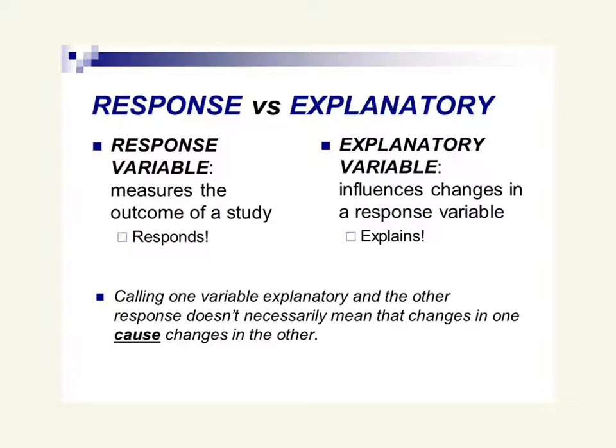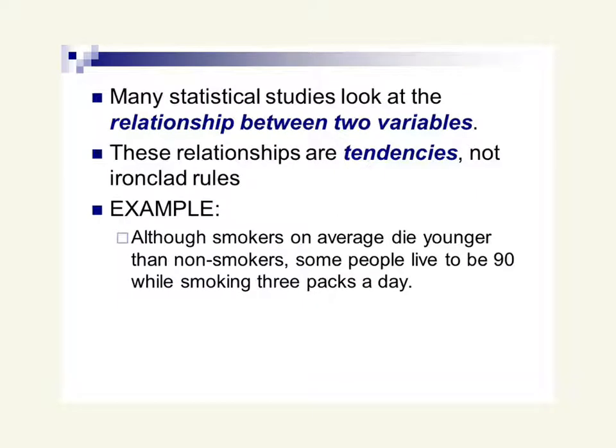As we talk about these relationships between variables, there's a couple of things that we need to keep in mind. Most studies look at a relationship between two variables, but it's important to remember that these relationships are tendencies and not ironclad rules. I like to use my grandpa as an example here. He was a smoker. He smoked about 3 packs a day when I was younger, and the guy lived to be about 90.